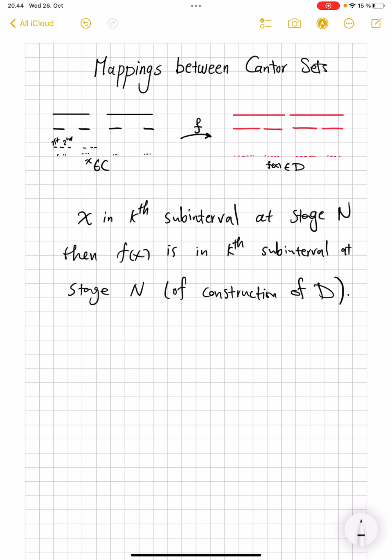And by the very way we construct Cantor sets, this will uniquely tell you where f of x is, because you can zoom in to find x, and you have to use the same collection of nested intervals to find f of x. So this uniquely defines a bijection. Of course, it's invertible by the same process.